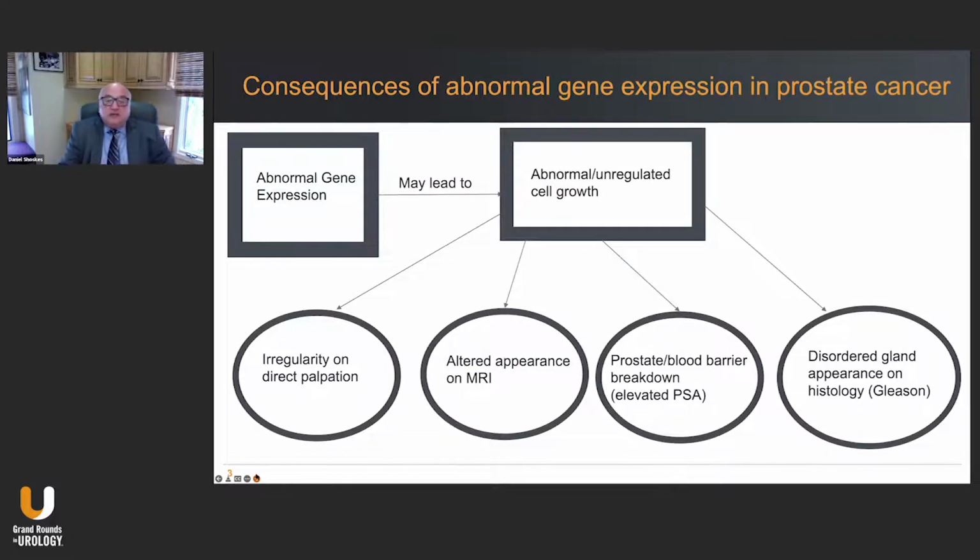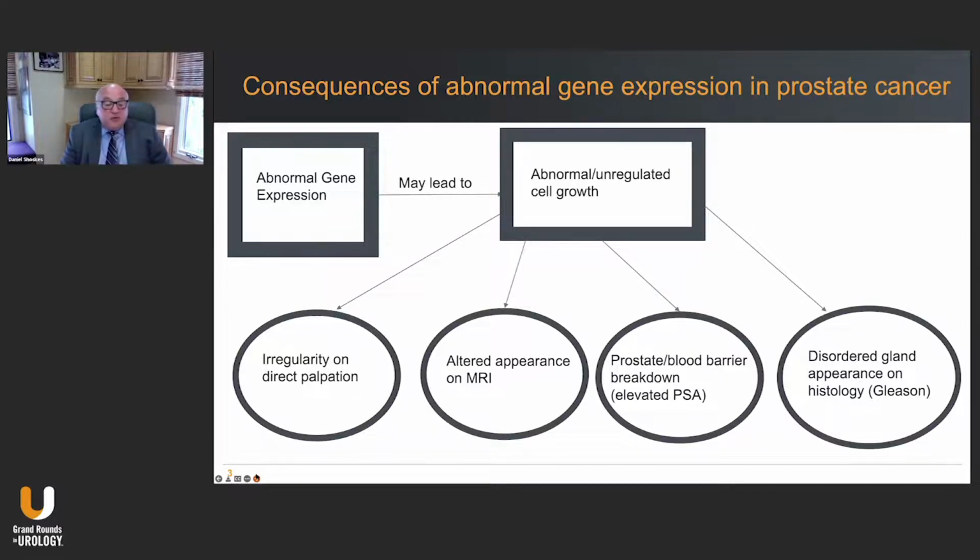So why are we interested in genomics in prostate cancer? Prostate cancer is a genetic disease. These abnormal genes can lead to aberrant gene expression, which causes abnormal and unregulated cell growth.